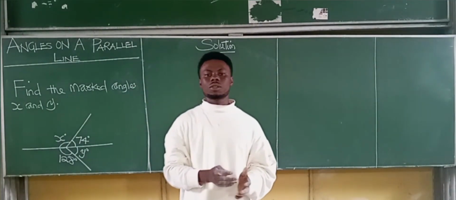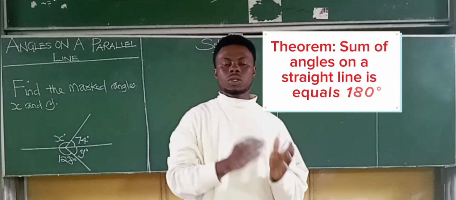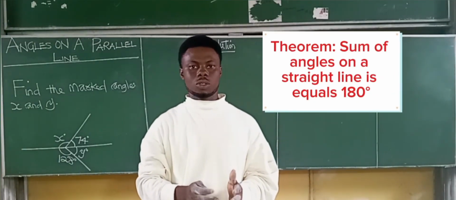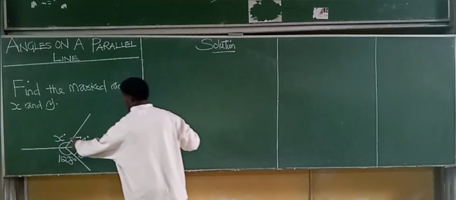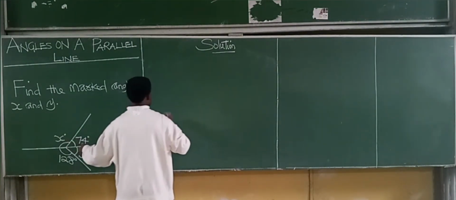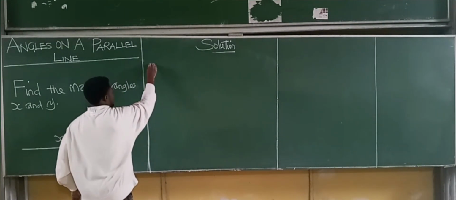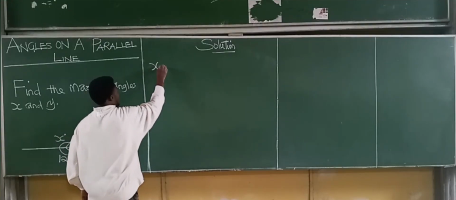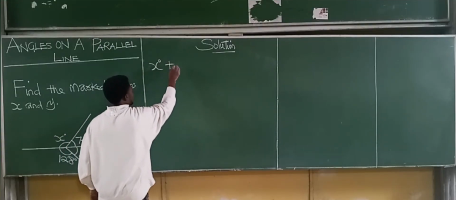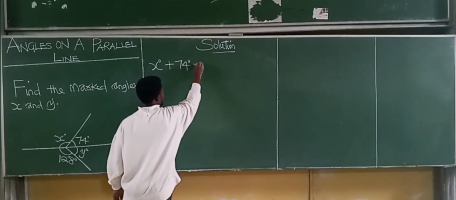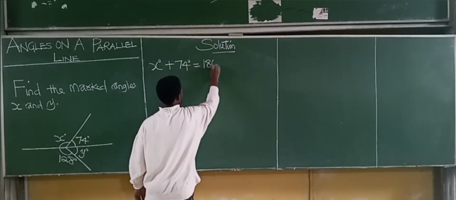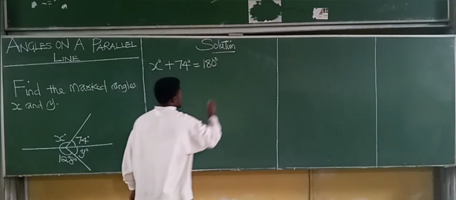One of the theorems says that the sum of angles on a straight line equals 180 degrees. Therefore, X degrees plus 74 degrees equals 180 degrees.